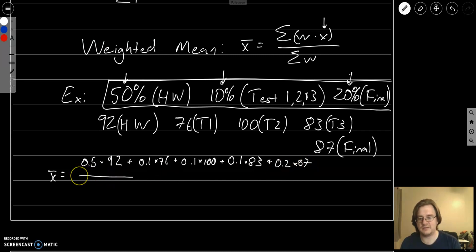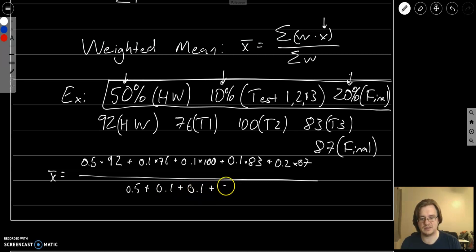If I have added everything up right, the sum of the weights, 0.5 plus 0.1 plus 0.1 plus 0.1 plus 0.2, should add up to 1.